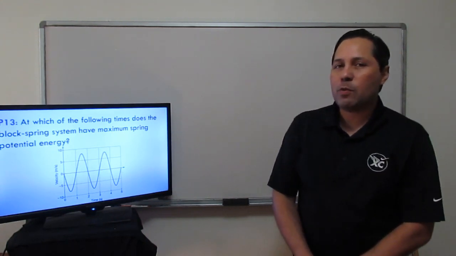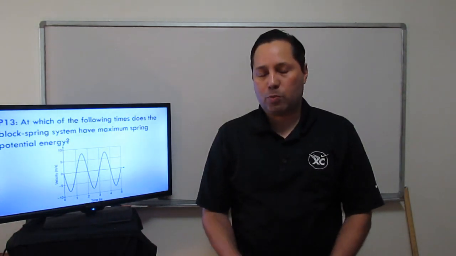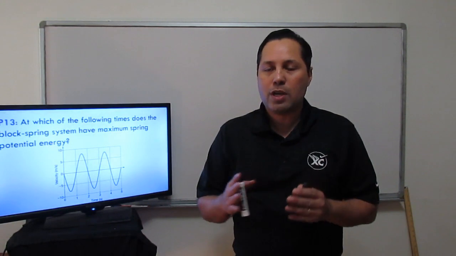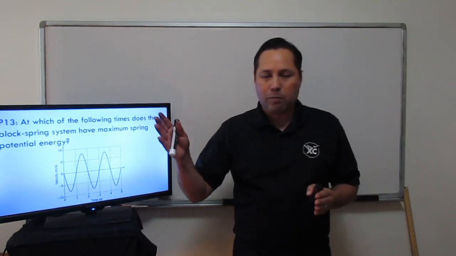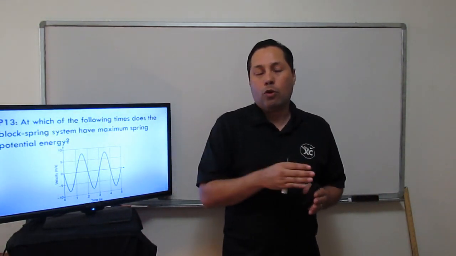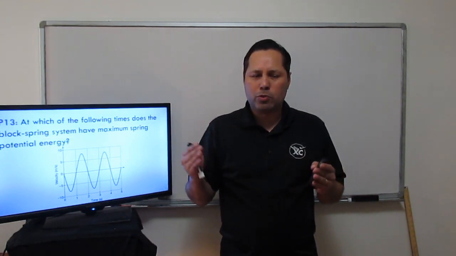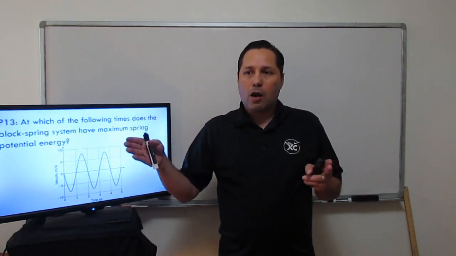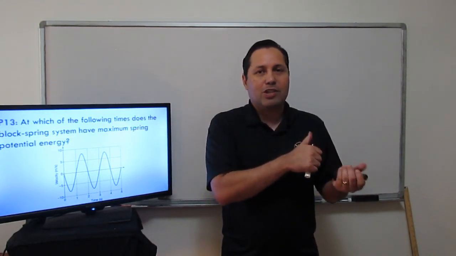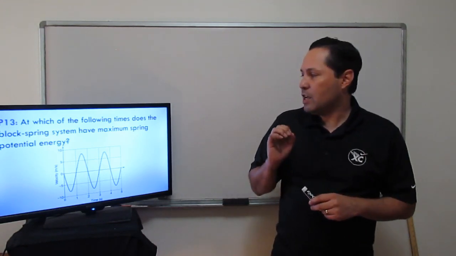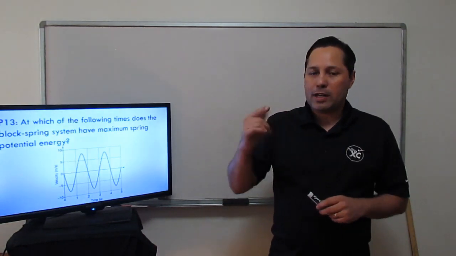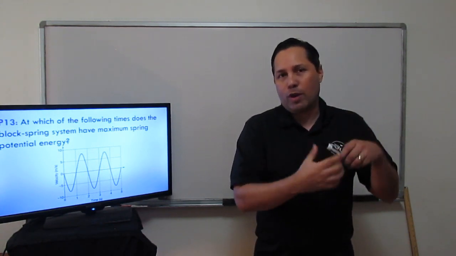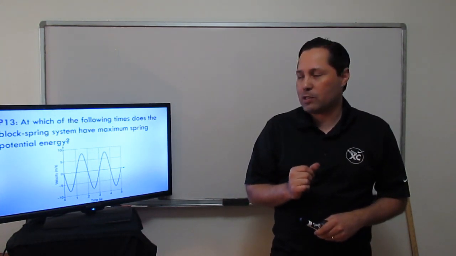The maximum potential energy is going to be when the spring is compressed the most. Picture the block going back and forth, either when it's compressed or stretched the most, but let's go with compressed. What's happening to the velocity? At that point it is changing direction, so you're looking really at velocity when it's 0. When it is going from left now to right, that is when the spring is compressed the most.